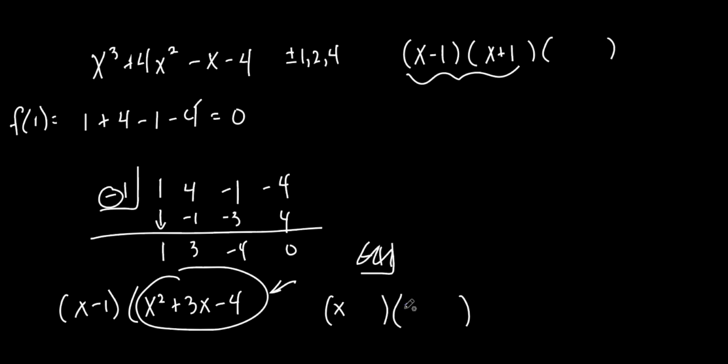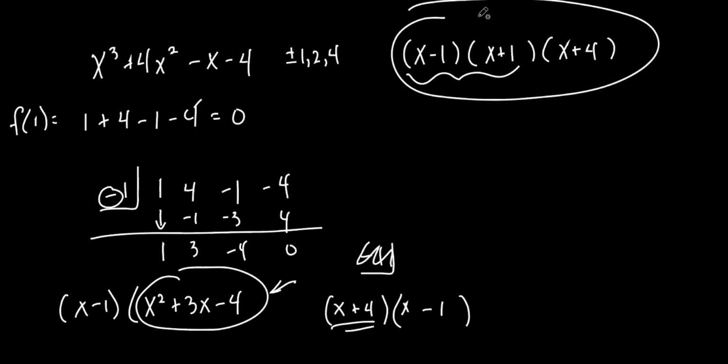It'd be x and x. It'd be plus 4 minus 1. I already got a minus 1, so my other one is x plus 4. There we go. And there's my factors. Is that what the answer was? Okay, good. Sorry I messed that one up, but that's the idea.